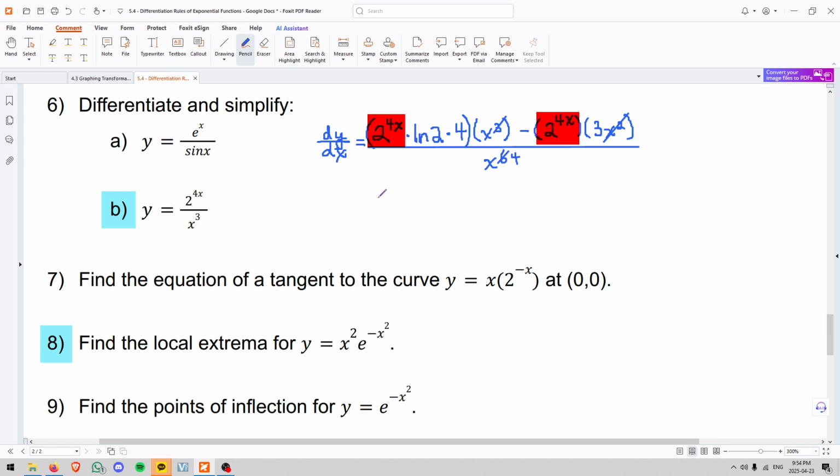Let's clean it up. If I factor out 2 to the power of 4x, what I'm left with here is 4 ln 2 times x. And what I'm left with here is minus 3. All over x to the power of 4. Right?